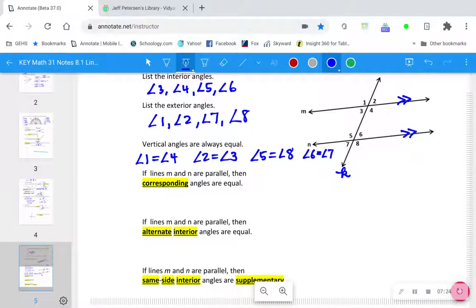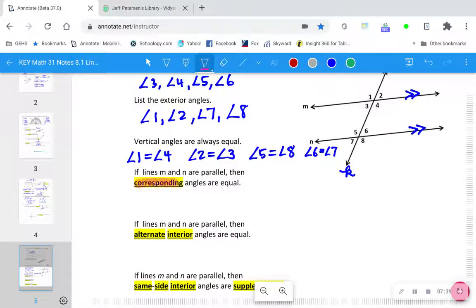If they're parallel, then there are some sets of angles that are equal. The first set is corresponding angles, okay? Corresponding angles, if you look at an intersection, will have the same description. So in this intersection, the top right angle would be angle 2.